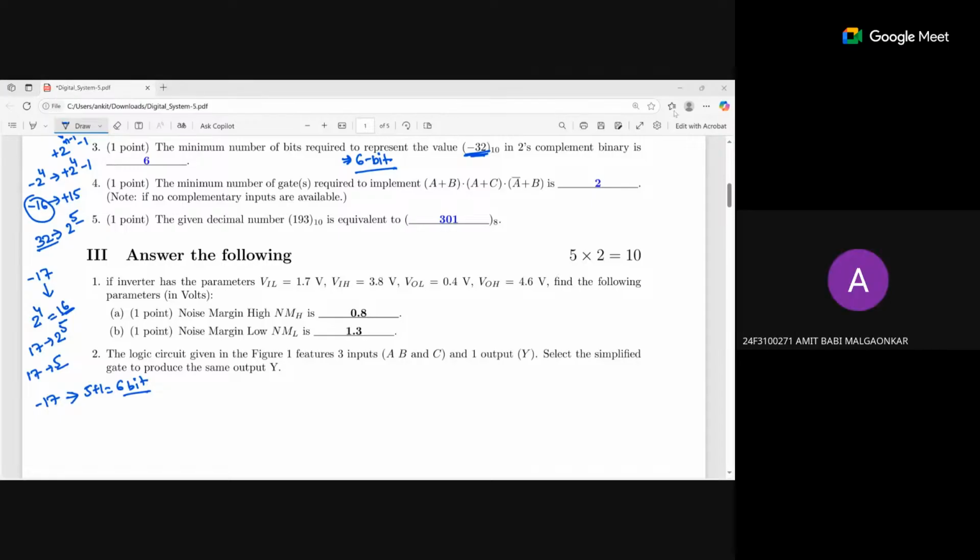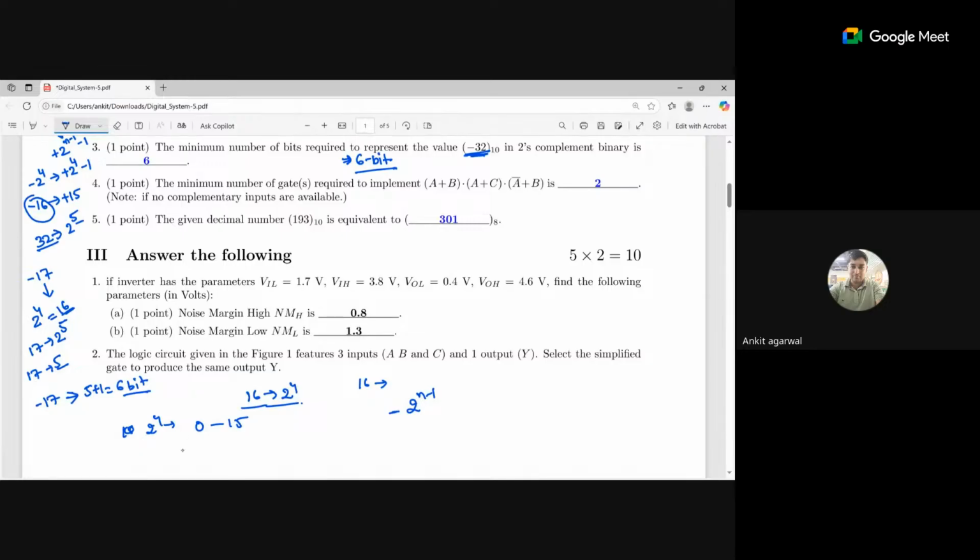Okay, I am not taking the representation of 16. 2 raised to power 4 is 16. Right. Because we are taking 2 raised to power n minus 1 in the negative direction. If we are talking about 16, 2 raised to power 4, with the help of 4 bits we can represent from 0 to 15.